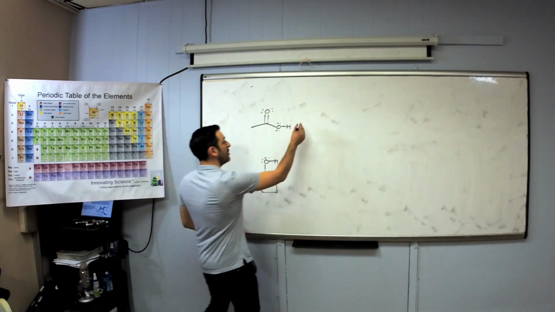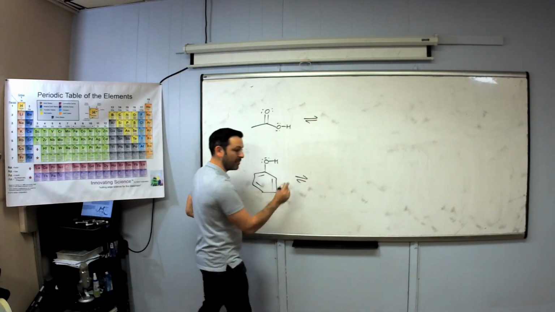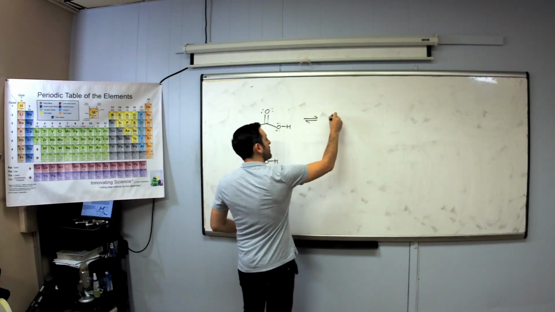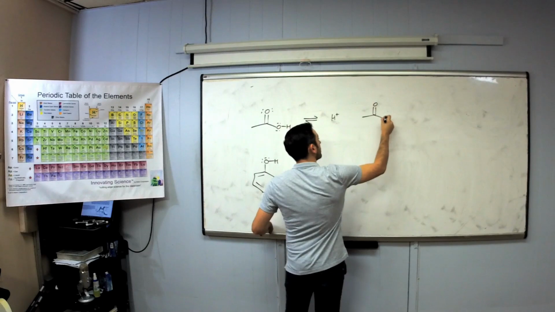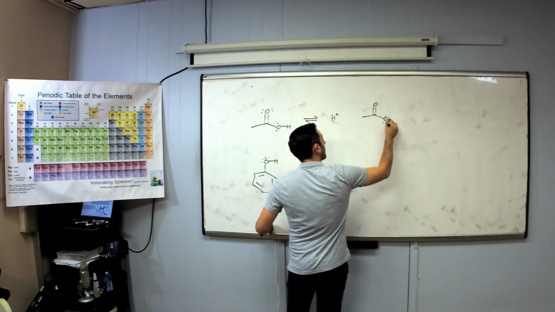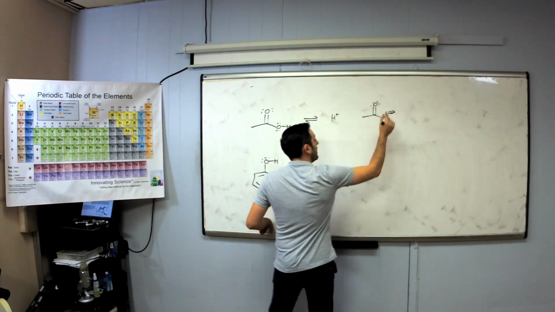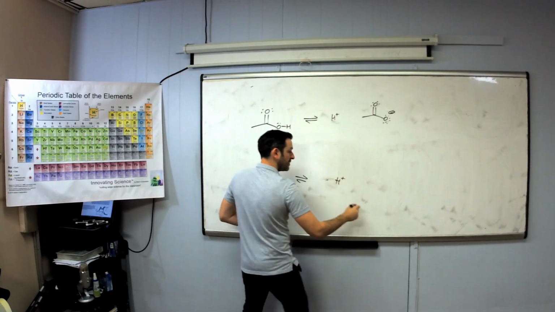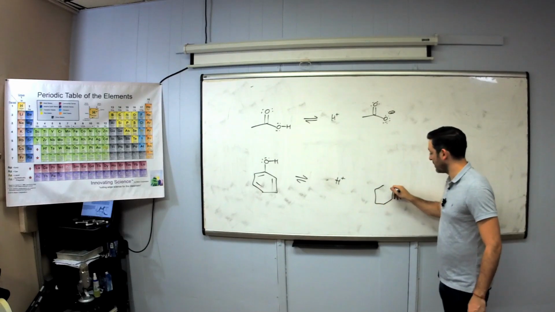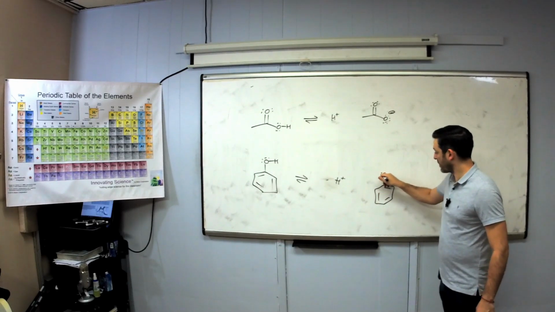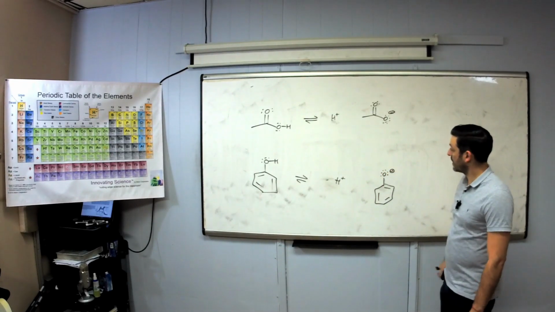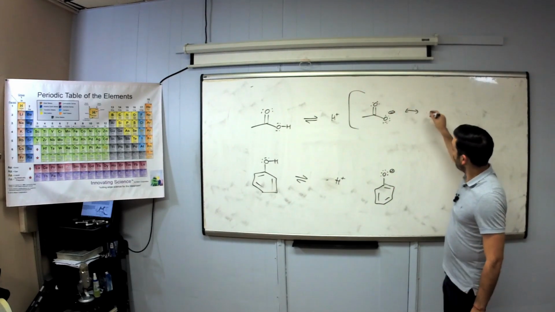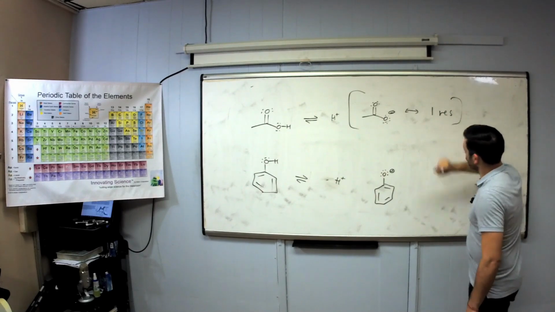So here's one example that can prove that to you. One single example. If this dissociates, it makes H plus and acetate. If this dissociates, it makes H plus and phenoxide. If you draw the resonance contributors of this, you will get one additional resonance contributor.